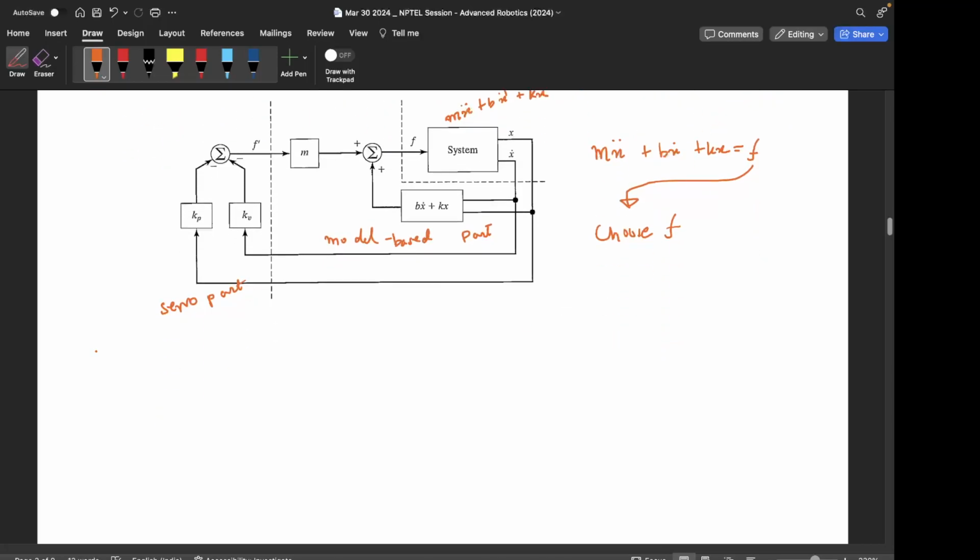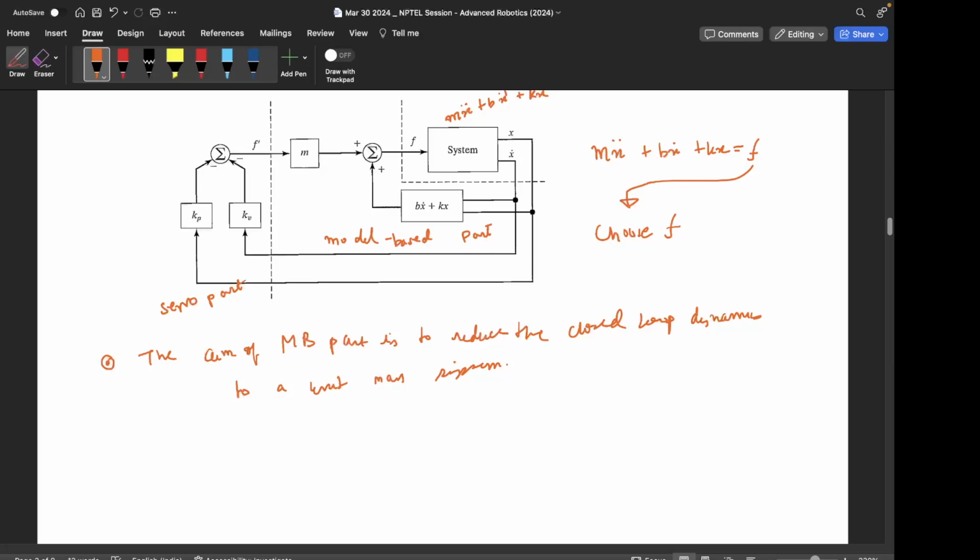So the aim of the model based part is to reduce the closed loop system dynamics to a unit mass system.